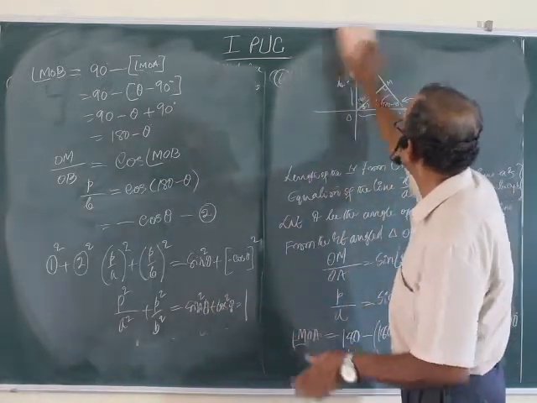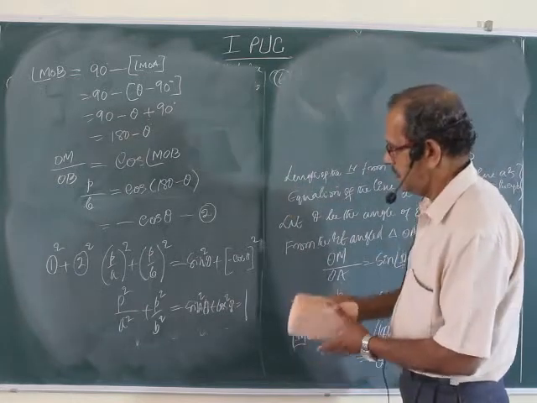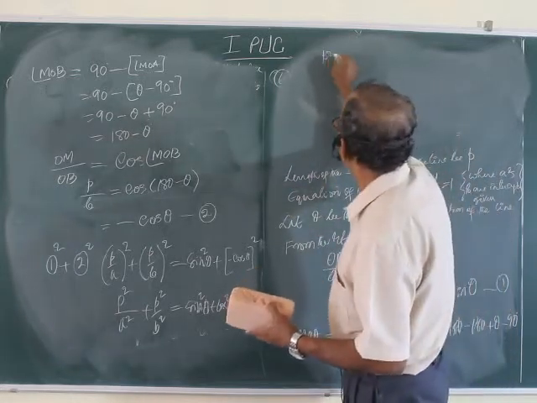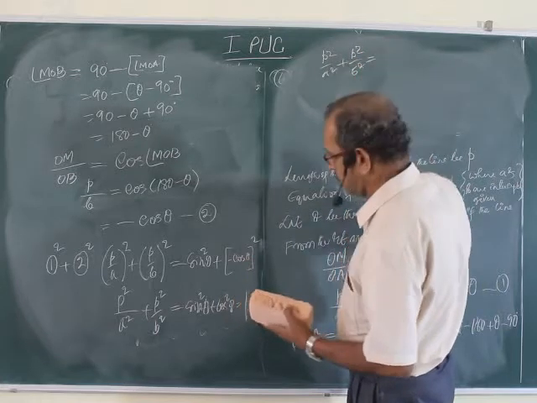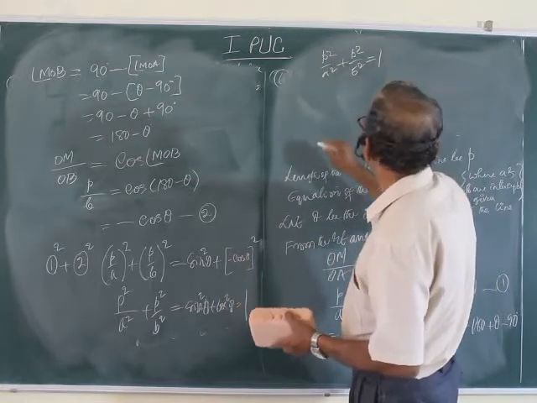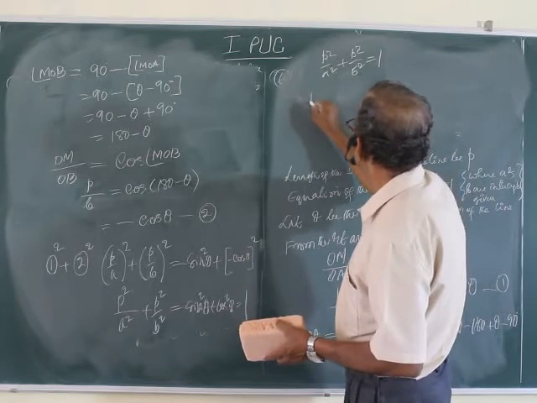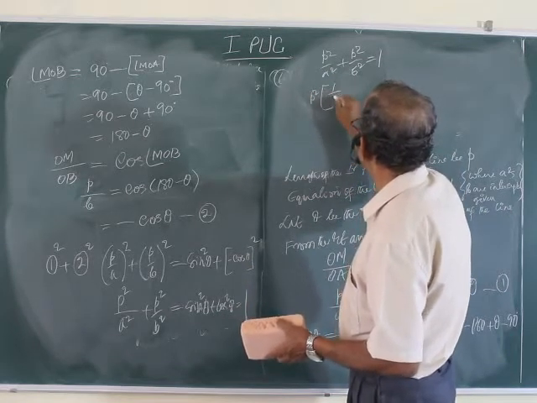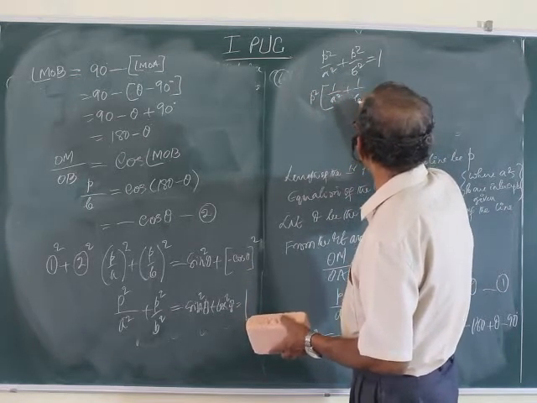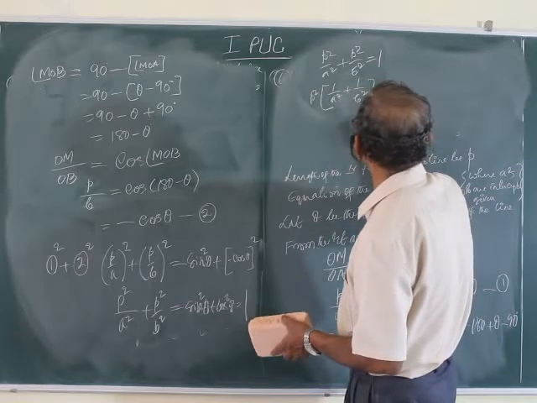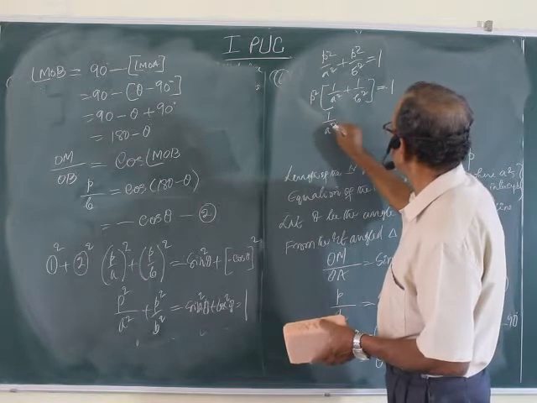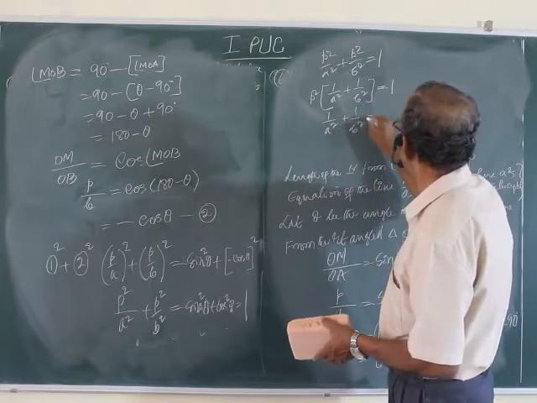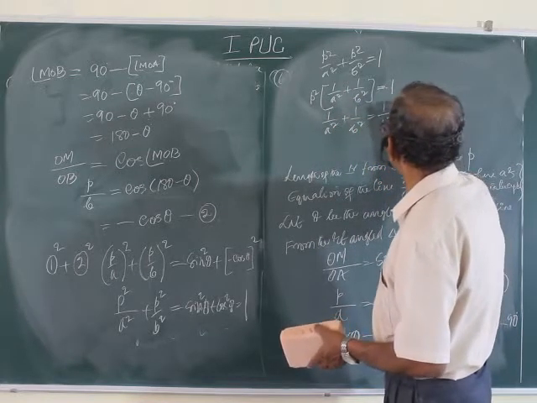Shall I write the final answer here? P square by A square plus P square by B square equal to 1, or P square outside, 1 by A square plus 1 by B square equal to 1. Final answer: 1 by A square plus 1 by B square equal to 1 by P square.